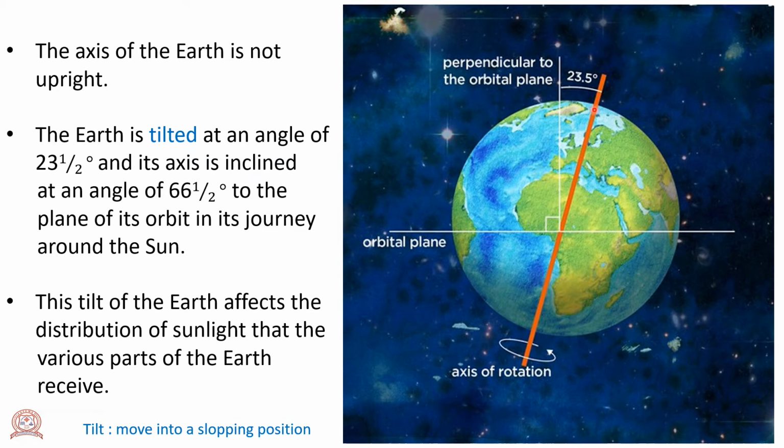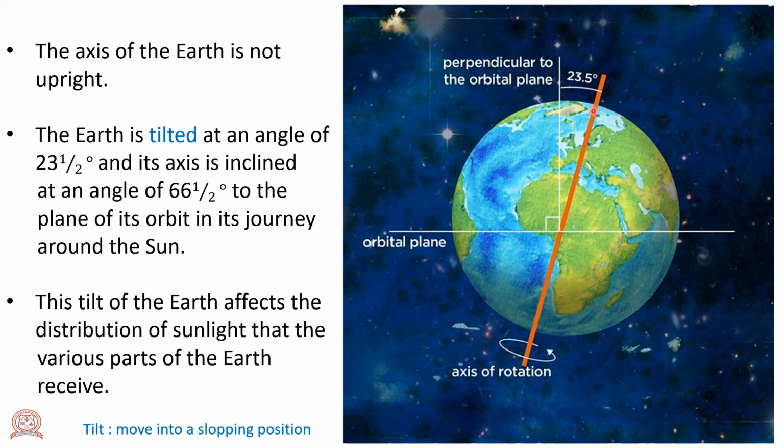The axis of the earth is not in an upright position. The earth is tilted at an angle of 23.5 degrees and its axis is inclined at an angle of 66.5 degrees to the plane of its orbit in its journey around the sun.